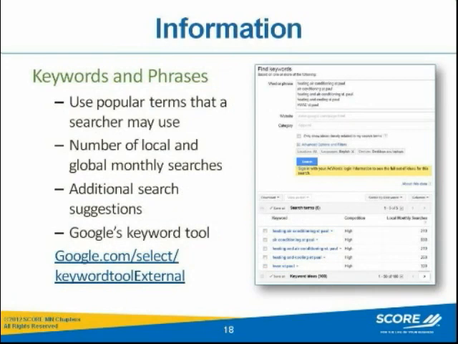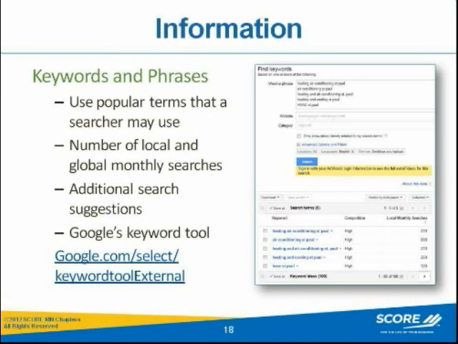Search results depend on keyword matches to the information typed into the search engine by the user. Everything is about matching. In our example for air conditioning repair, we would want to use the same words that a searcher would use to look for air conditioning repair.